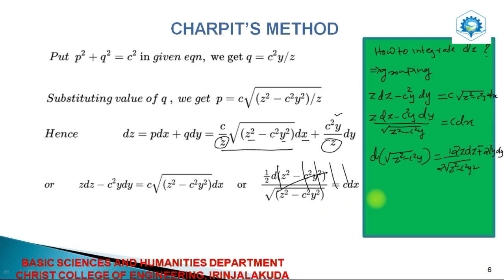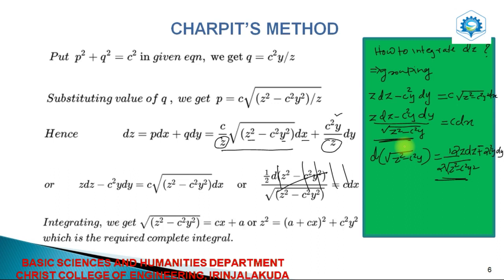Now what is that? That is actually same as this equation. If we cancel terms, it is quite clear that this equation is same as this equation. That means the left hand side is actually the derivative of square root of z square minus c square y square.